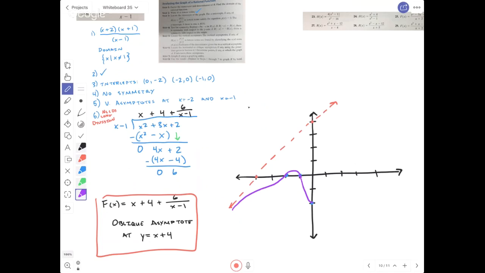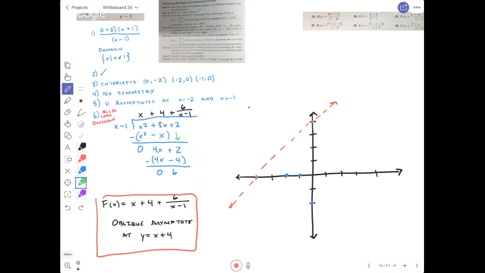Needs another. Oh, I forgot to put in the other asymptotes. My bad. No wonder it didn't work. Okay. Other asymptotes. So we had a red oblique asymptote, and we're going to get some green vertical asymptotes. Those aren't zeros. Those are asymptotes.